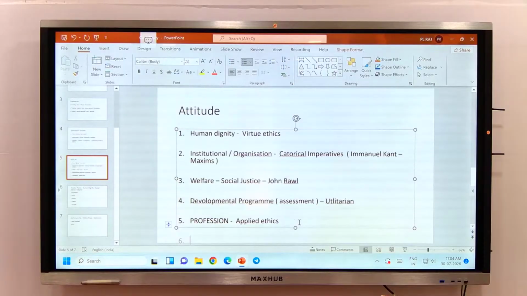Then drug ethics is about conforming to the wisdom of patent laws. Now data ethics, the importance of data ethics.